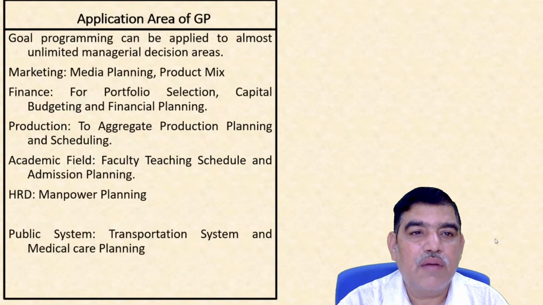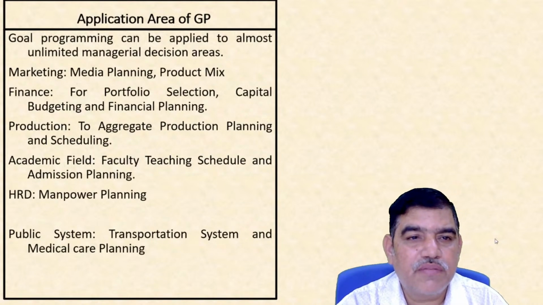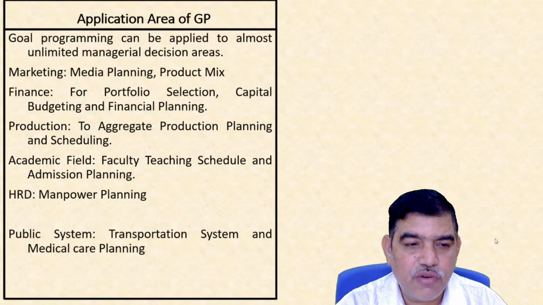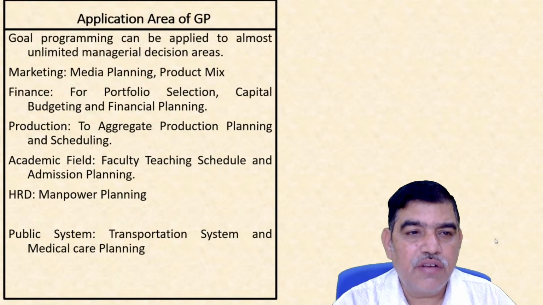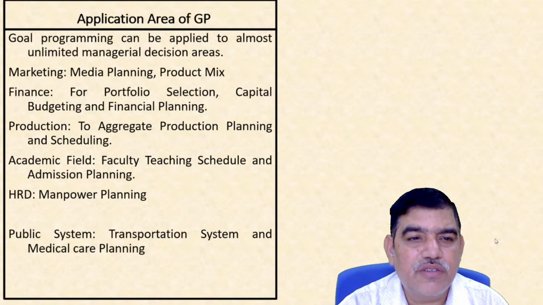Then various application areas of goal programming. Before we go into the application areas, again I am explaining here. The goal programming concept is used in various organizations, and in particular in marketing, it is applicable for media planning and product mix. In finance, it is applicable for portfolio selection, capital budgeting, and financial planning.